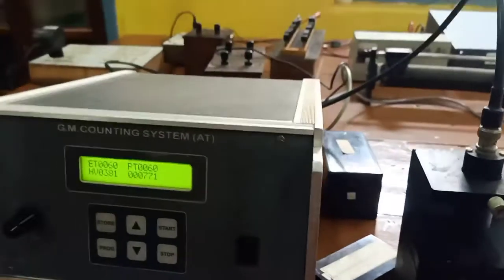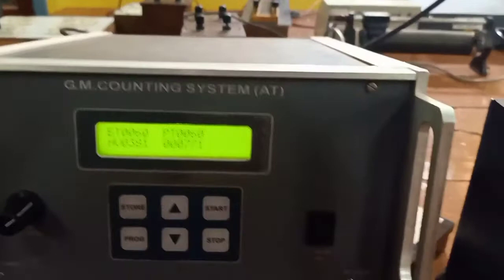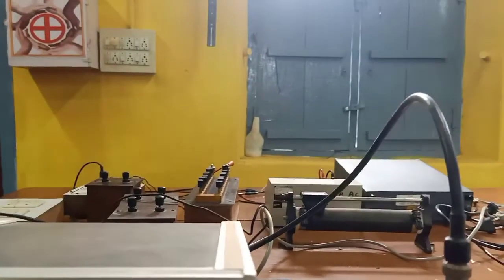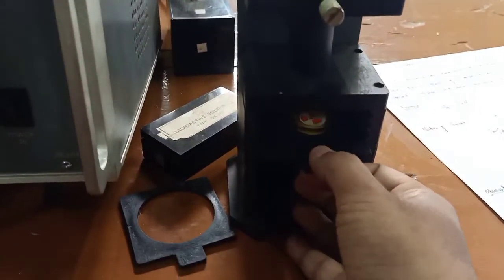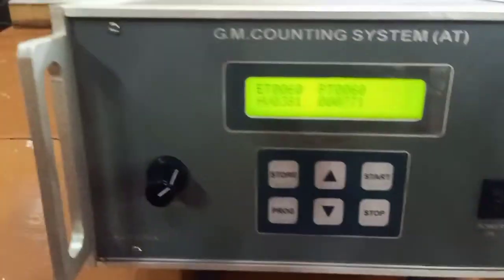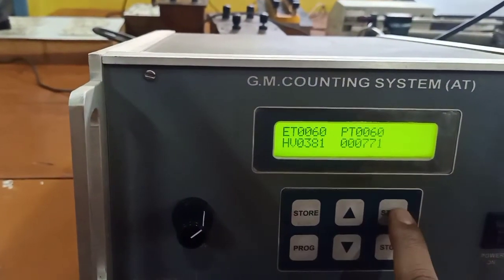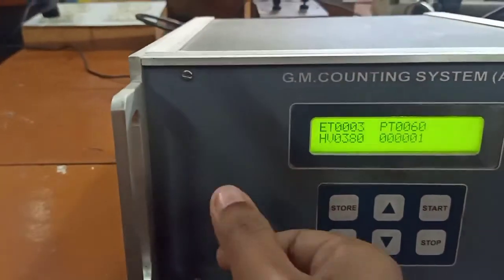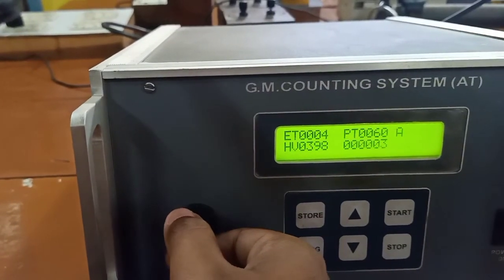Now what you need to do is take the background counts for 60 seconds. For this, just remove the sample and press start, keeping it at the operating voltage.